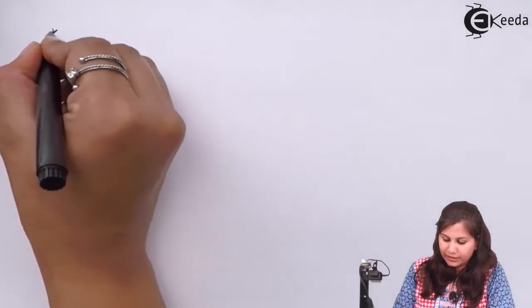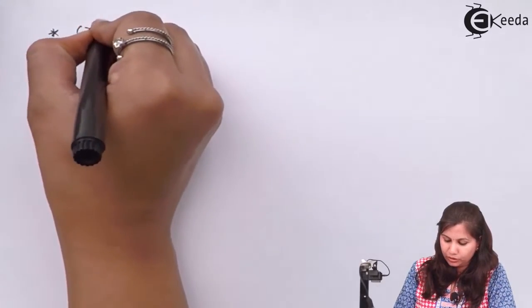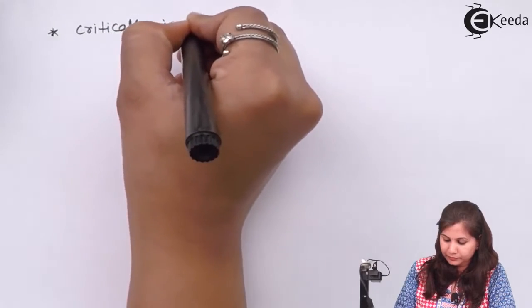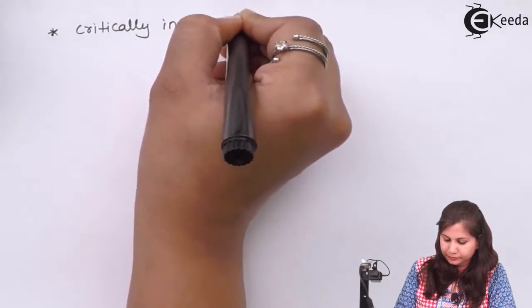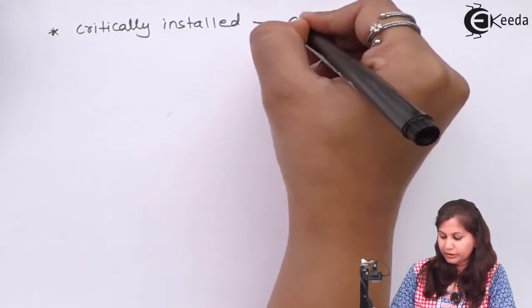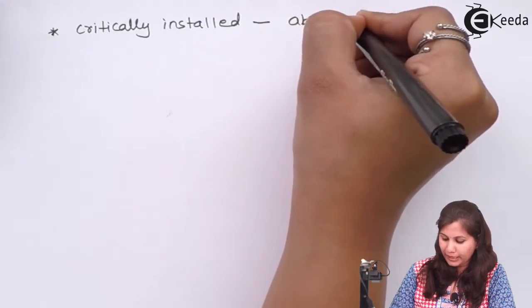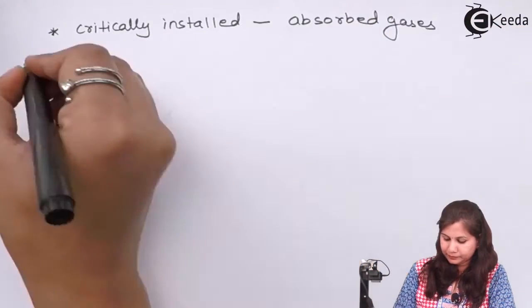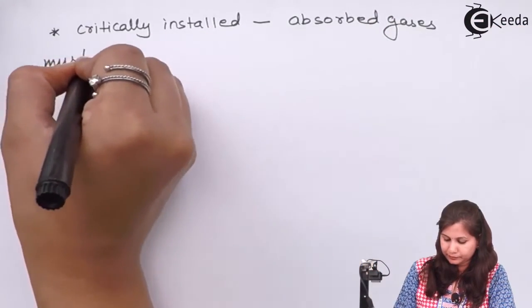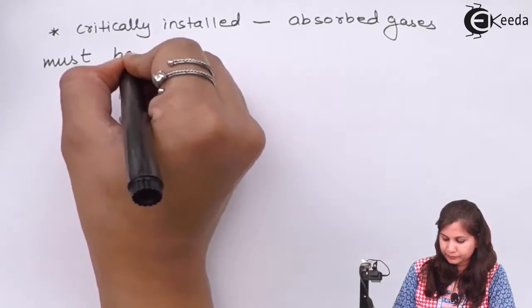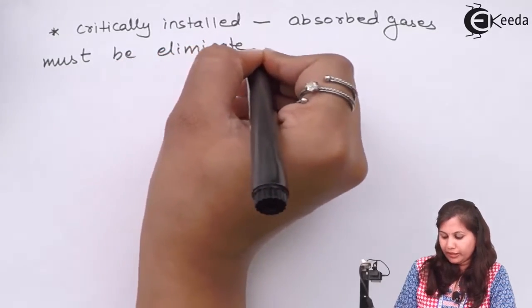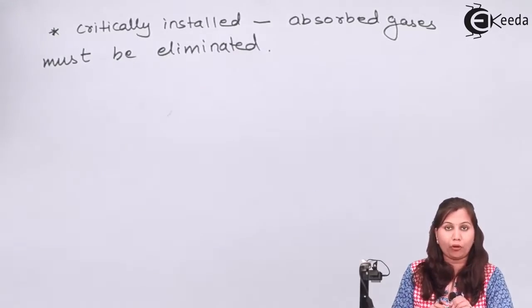Also, these gauges must be critically installed, particularly in the case of absorbed gases, which must be eliminated. So their installation should be very proper.